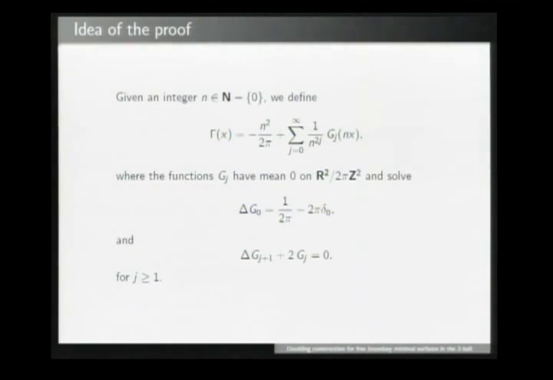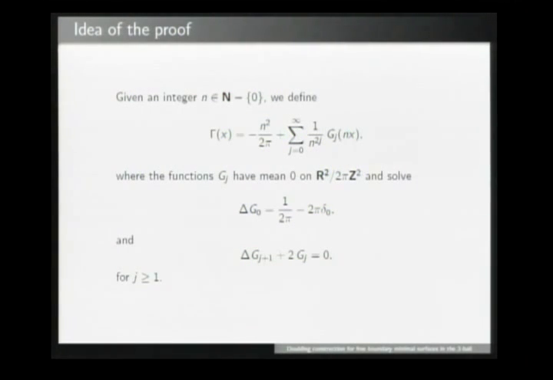The key point is that G0 is singular and has a log term singularity, while starting from G1, all the other functions are bounded. So roughly speaking, gamma is this large negative constant plus a function that looks like log plus a function which is bounded uniformly as n tends to infinity.